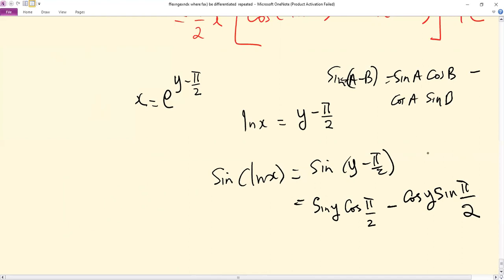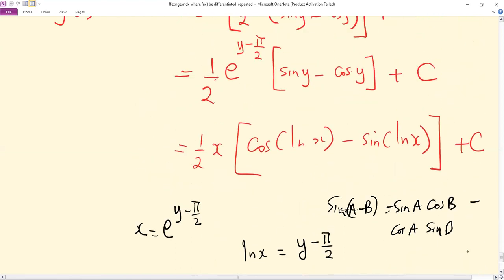So this is 0, and then you have minus cosine of y times 1. So which would give us minus cos of y. So by the way, in fact, this sign is plus, because now I have minus minus.